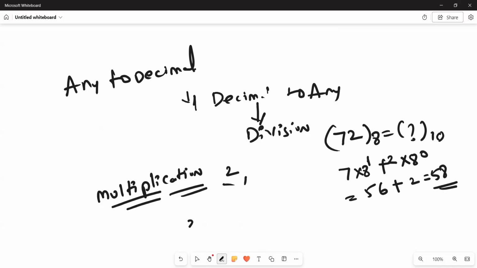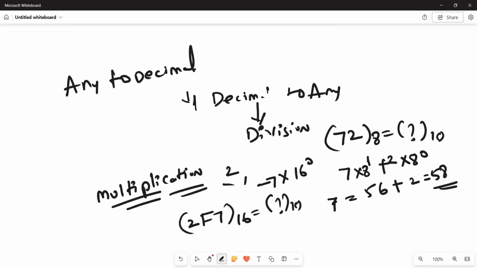Suppose one hexadecimal number is given, 2F7 in hexadecimal. What is its equivalent in decimal? Follow the same procedure. It is 7 into 16 power 0, because the radix of the hexadecimal number system is 16.